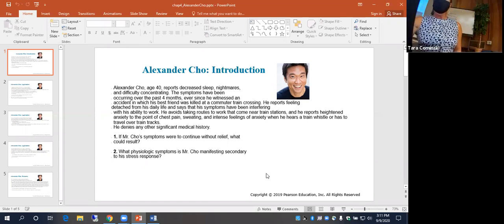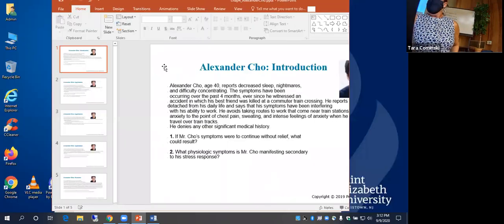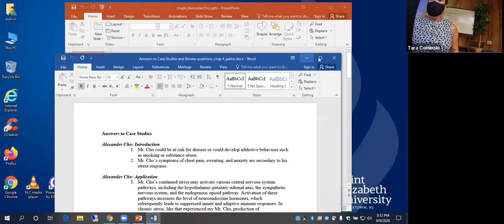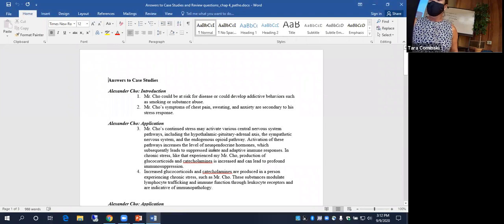So the idea is remembering that a stressful stimulus will evoke a stress response, right? And that stress response, if you're talking about increased sympathetic activity, leads to things like heart palpitations or sweating, right? Chest pain, those types of things, okay? So let me just show you guys, this is just pulled right from the book.